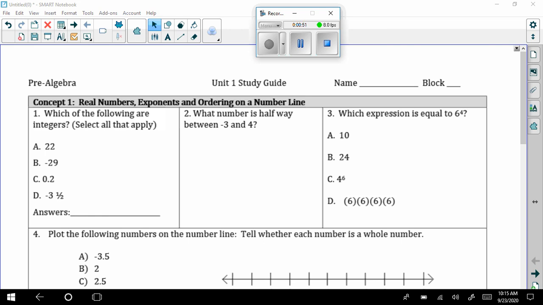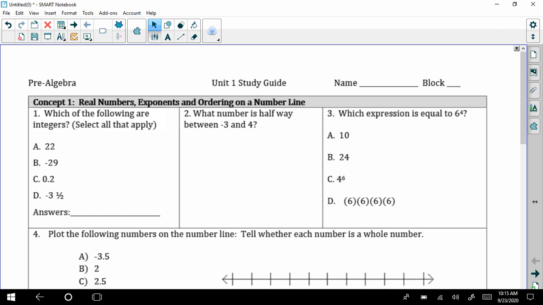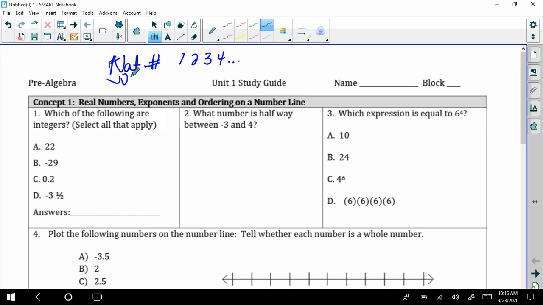Well, remember, there are the natural numbers, your counting numbers, which would be 1, 2, 3, 4, etc. Then we have whole numbers, which include the 0 and then 1, 2, 3, 4, etc. The next part is integers, and that's the negative, the 0, and the positive whole numbers. So nice, pretty numbers, no decimals, no fractions.